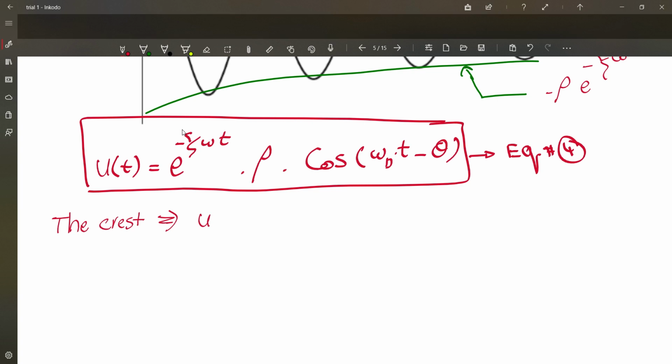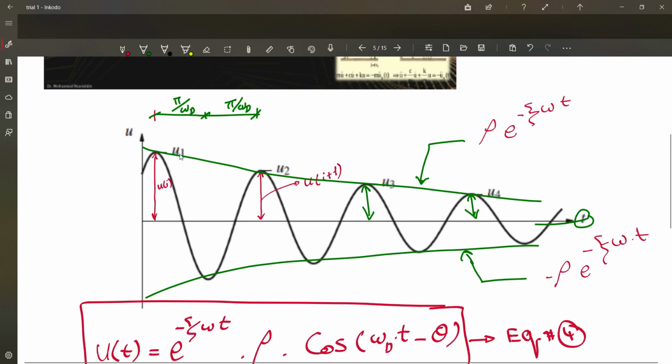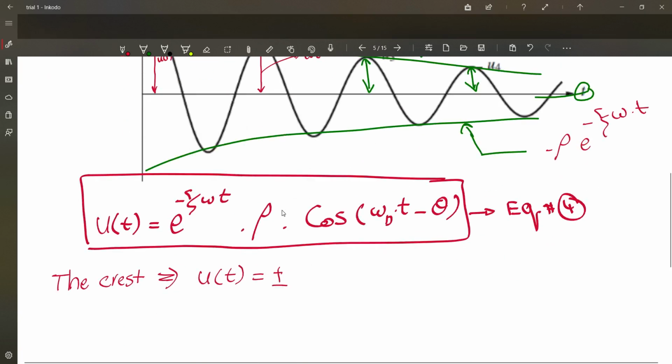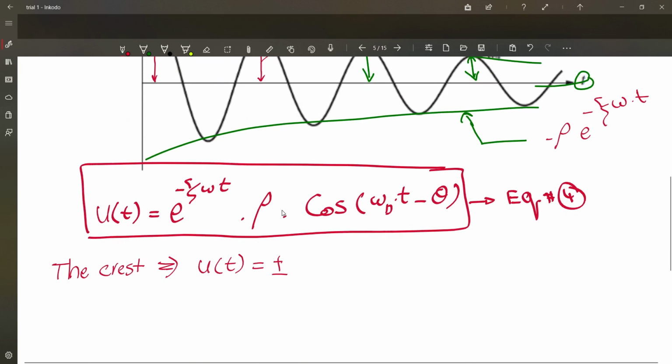This means that our u of t is going to be plus or minus, positive or negative, because we have two curves, times rho, which is the amplitude, times e to minus psi omega t. This is our equation.